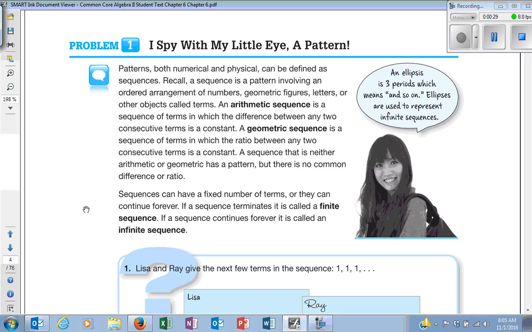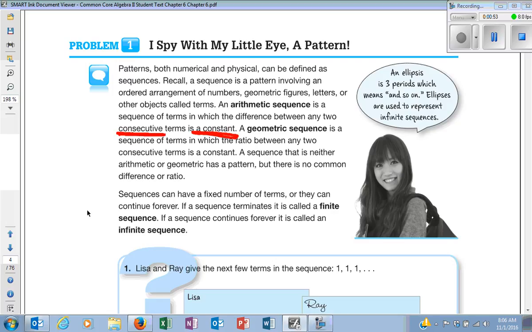An arithmetic sequence is going to be a sequence of terms in which the difference between any two consecutive terms is constant. Consecutive might be a word we're not really familiar with. It's back to back, right after one another. We'll talk about what this actually means as far as real life in just a minute.